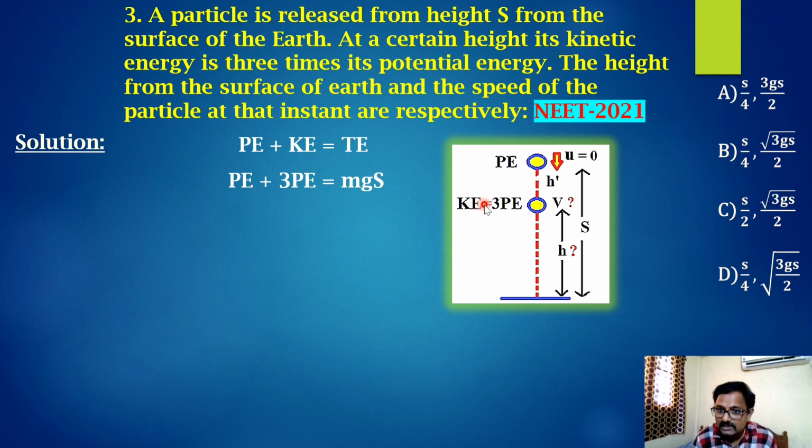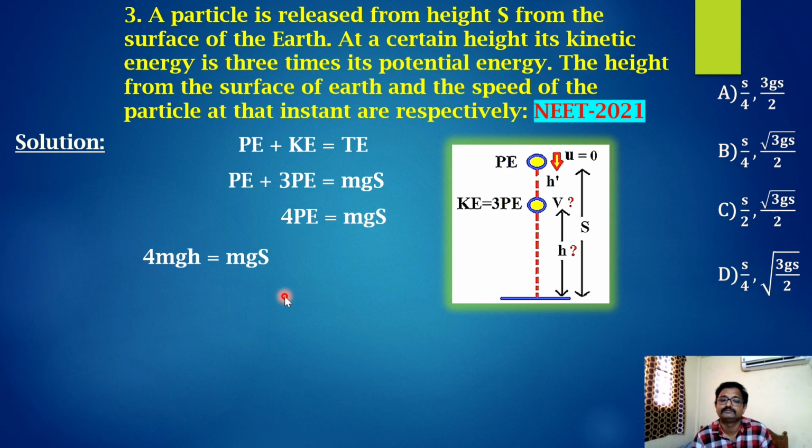At the releasing point the total energy is mgs, that is potential energy, because at the releasing point we have only potential energy, which is nothing but total energy. So in place of total energy I wrote mgs. Then PE plus 3 PE means 4 PE. So 4 PE is equal to mgs.